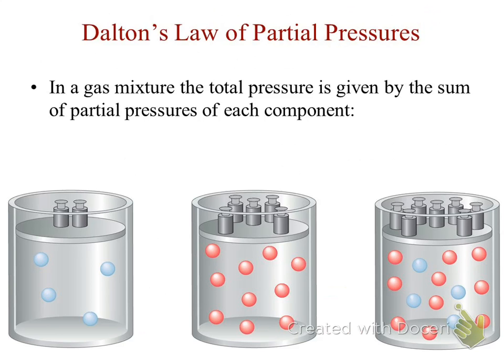Now, when we add up that pressure, that tells us the total pressure of the system. So we can utilize a couple of things in our formula to calculate the total pressure. If we calculate them separately, we can always add it all up.